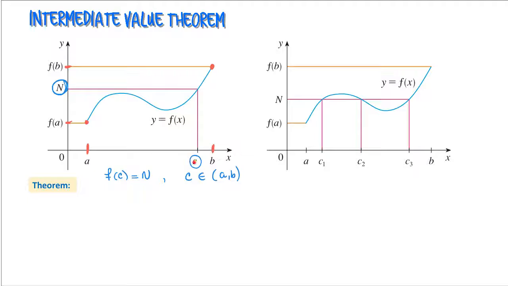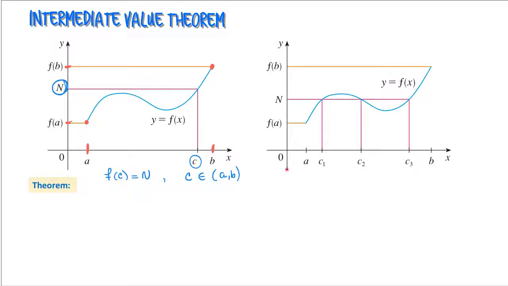Now, I don't have to have only one c such that f of c is equal to n. I may have more x values whose y values will be equal to n. But the theorem guarantees the existence of at least one. We know that for sure we can count on one such c, even though we may have more.